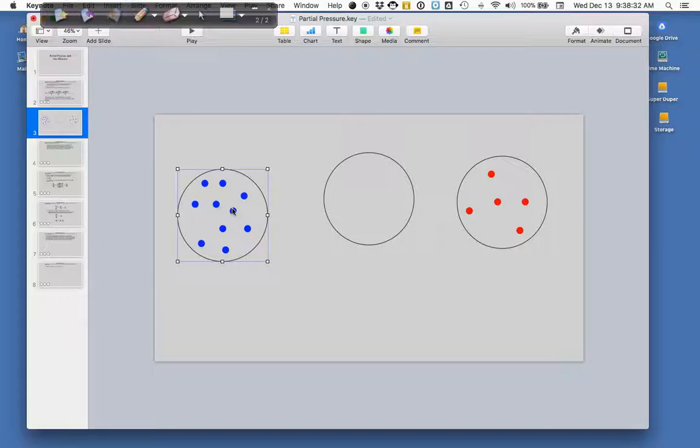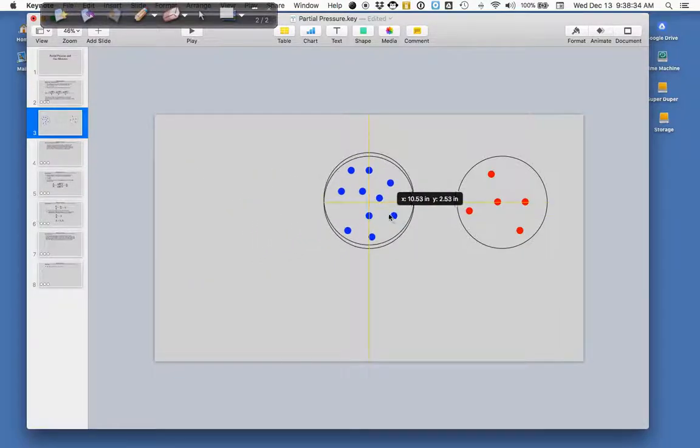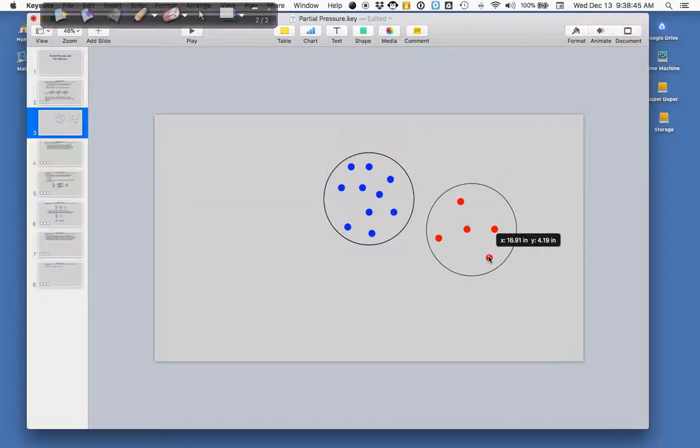So when we put blue in the container, and this is harder to do like that than with the mouse. When we put blue in the container, what's the pressure? 2 atmospheres, right? Now, when we put red in the container, we are now putting it in a container that is not empty. But when we put red in a not empty container, why does its pressure remain 1 atmosphere?